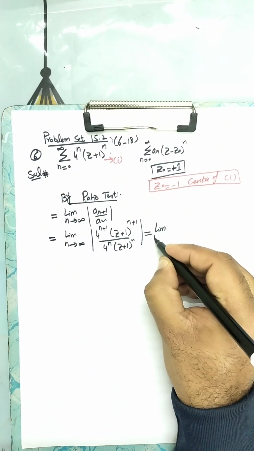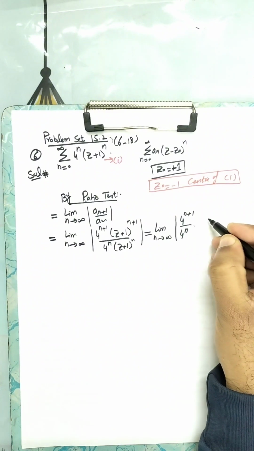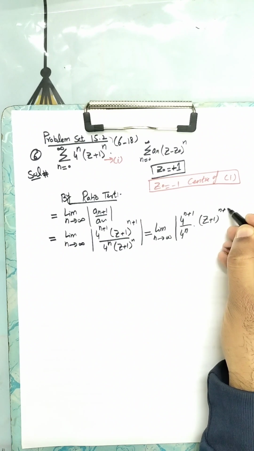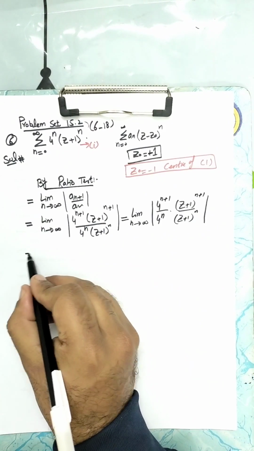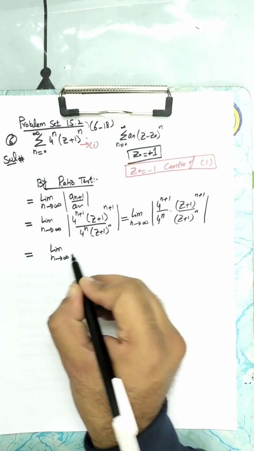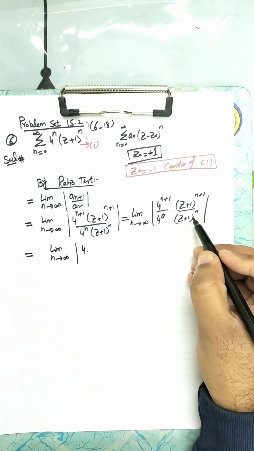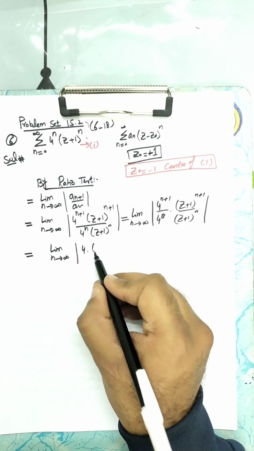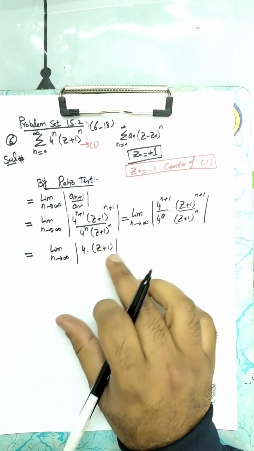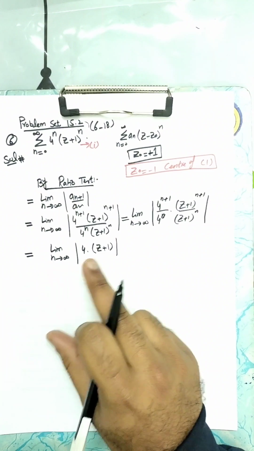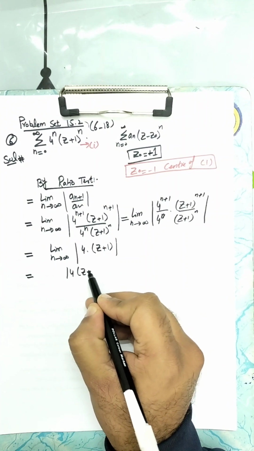We solve this limit, taking the magnitude. The 4^n and (z plus 1)^n cancel out, only 4 and z plus 1 remain. Note that n is not left here because our limit is on n, so the rest is constant. The limit is the modulus of 4(z plus 1).